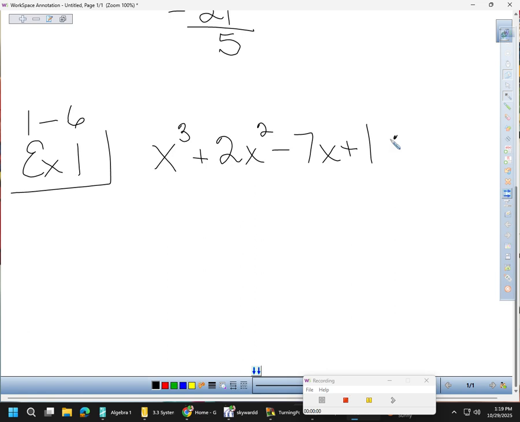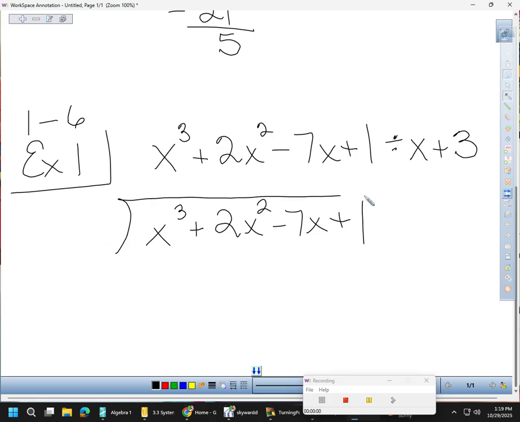And I want to divide by, we're going to do an easy one to start, x plus 3. All right, so this goes under the house. On the outside is our x plus 3.